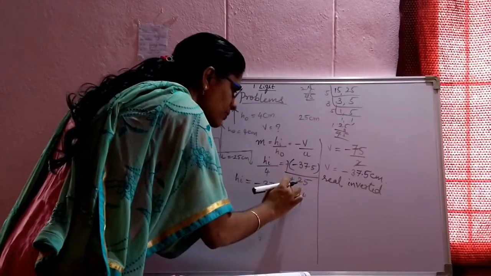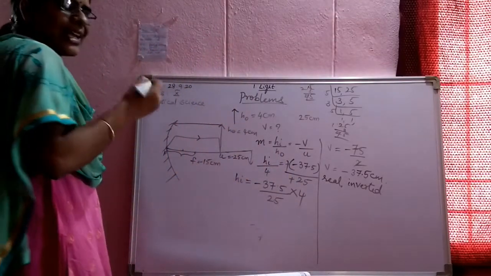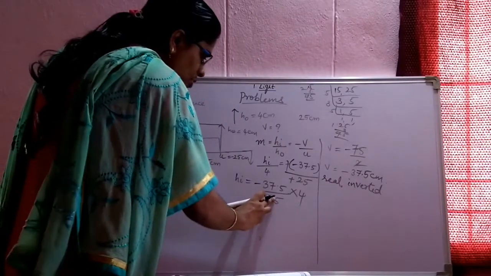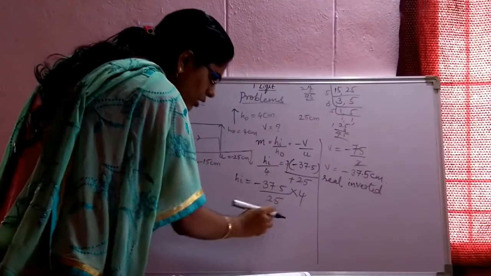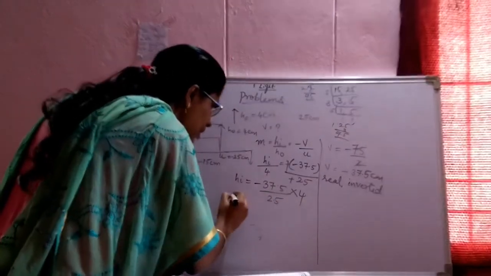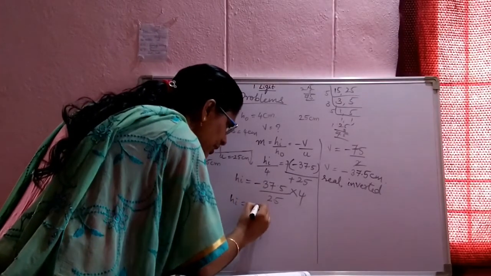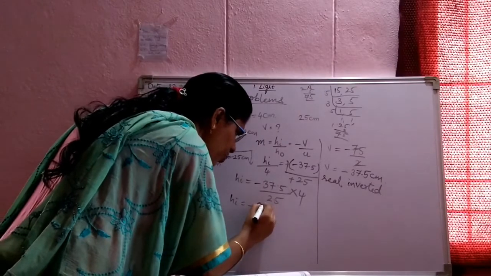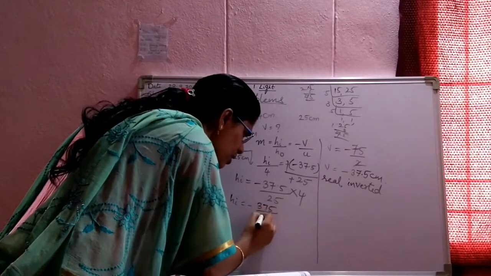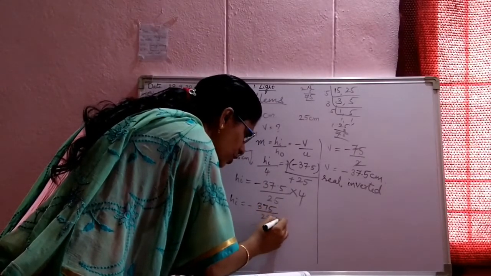Okay, children. See, calculation is your wish. It's 25, not 2.5. It's 25. HI equals minus, you remain it like that. I am removing my point, 375 into 4 by 250.